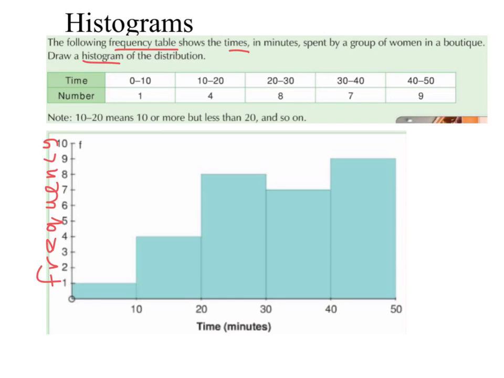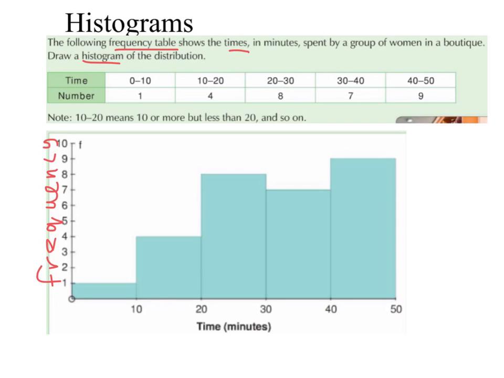So when we're drawing out this histogram, we start off by looking at our first row, which in this case is time, and we see that we're starting at 0 and we're going up as far as 50. So we're going to start at 0 on our x-axis and we're going to go up as far as 50. And we see that our time row has intervals of 10. So 0 to 10 is a difference of 10, 10 to 20 is a difference of 10, 20 to 30 is a difference of 10, and so on.